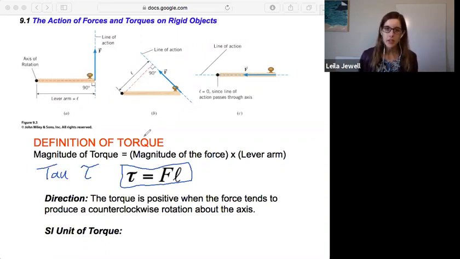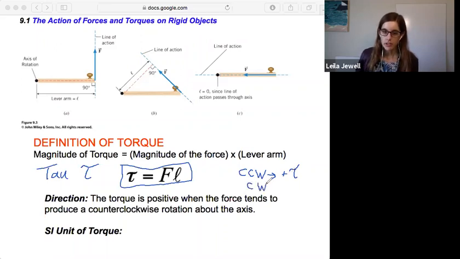Now this is just the magnitude of the torque. The torque is a vector quantity. Since it's a vector quantity, that means it does have a direction. The direction is just going to be positive or negative. So we'll say that the torque is positive when the force tends to produce a counterclockwise rotation about the axis. So counterclockwise rotation, CCW, is going to correspond to our positive torque. This is the same as what we saw in the angular section, where once again clocks are negative.